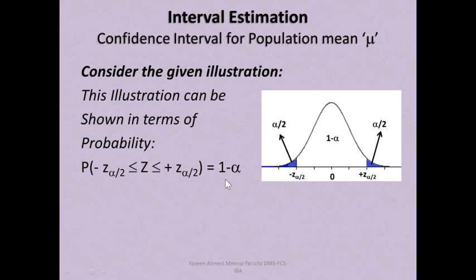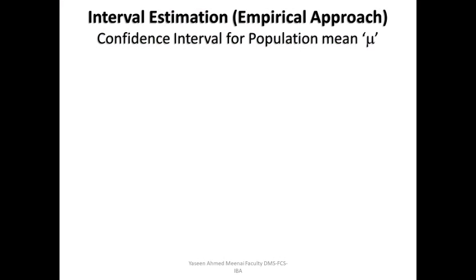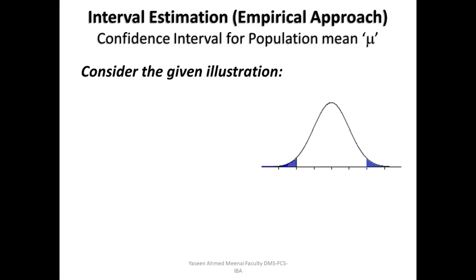The similar illustration can be shown empirically as well. It would be easier for us if we play with numbers, so I am going to present the same illustration in the form of numbers. Both ends are covered by a tiny area of 0.025 each.